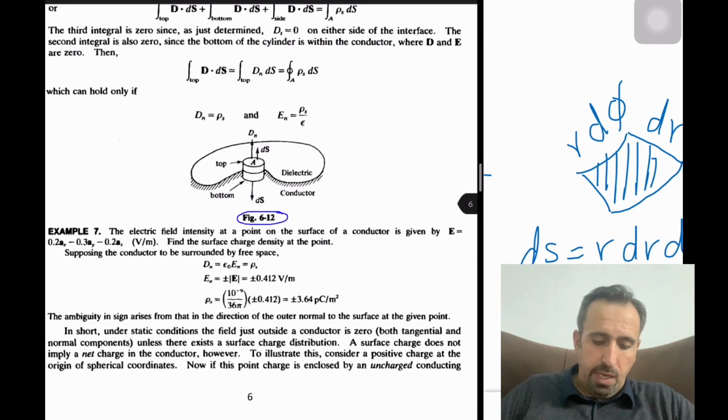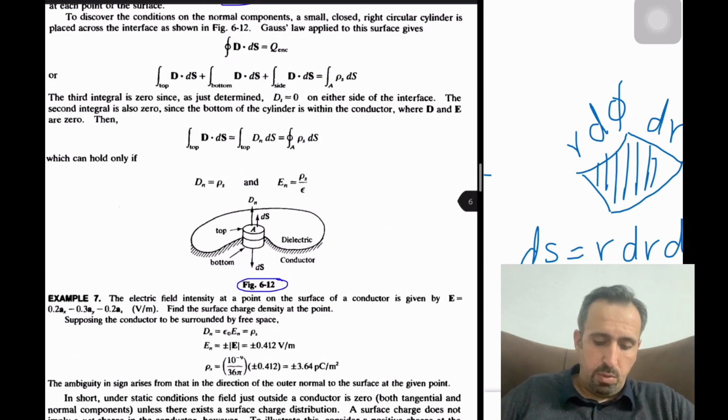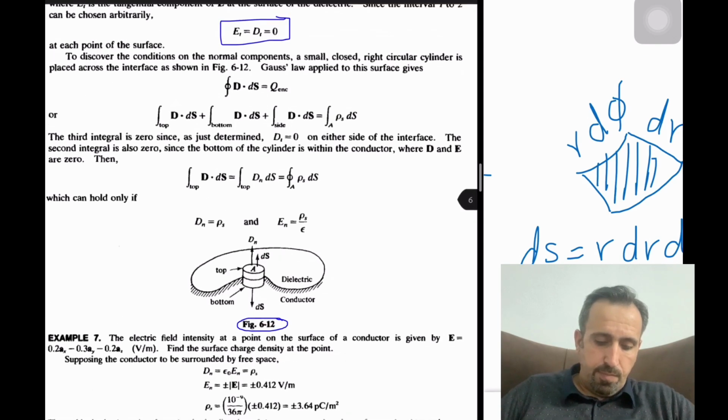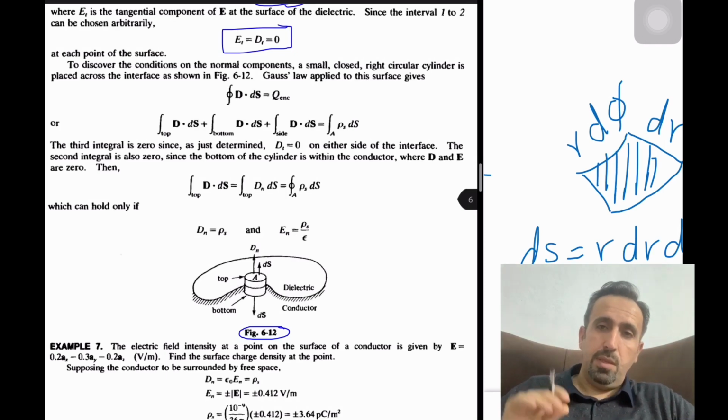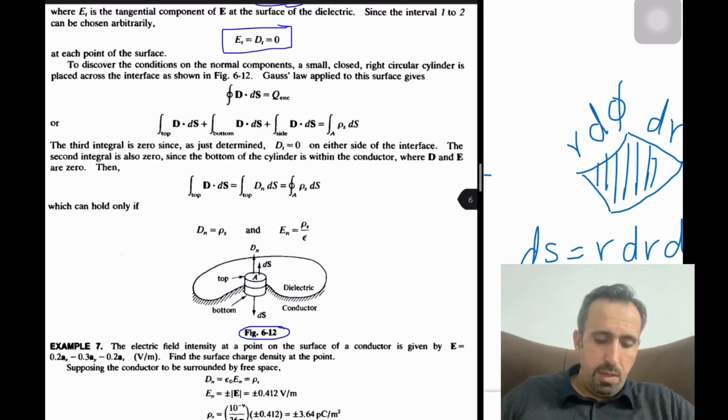So if you take this case, figure 6.12, we have a figure representing the interface between the conductor and the dielectric, and having a right cylinder exactly at the interface between them, then trying to apply Gauss law there.